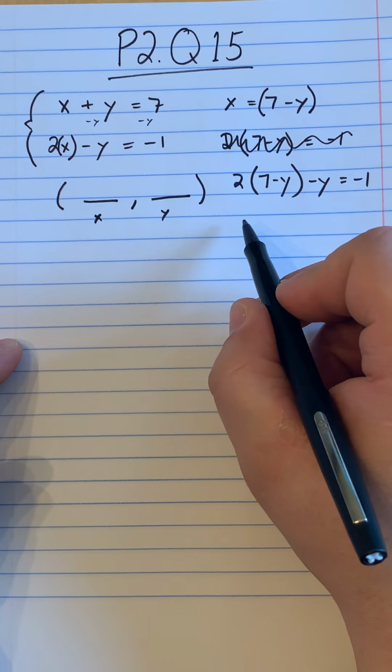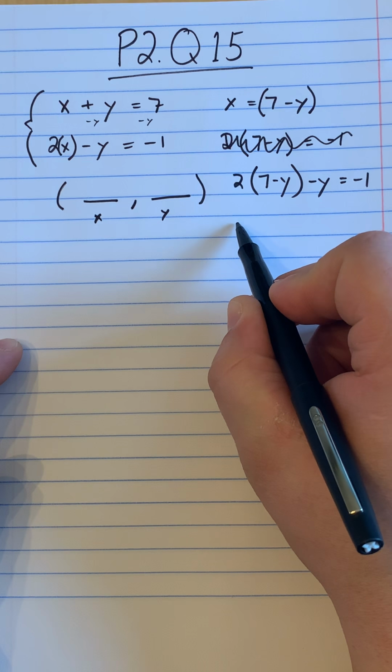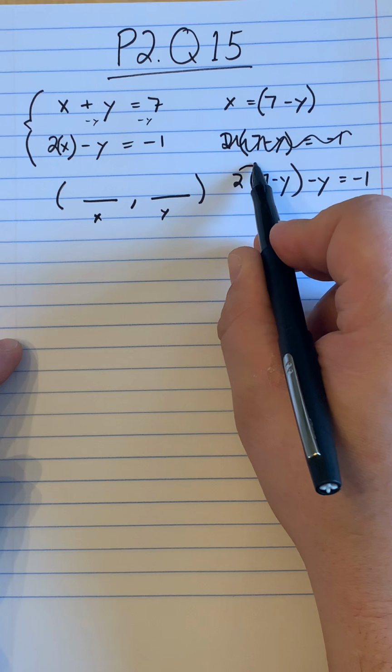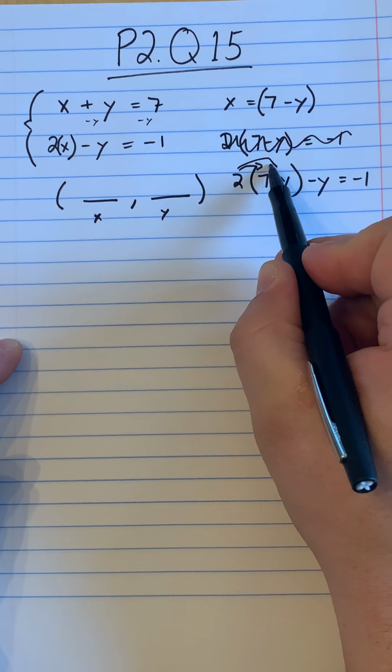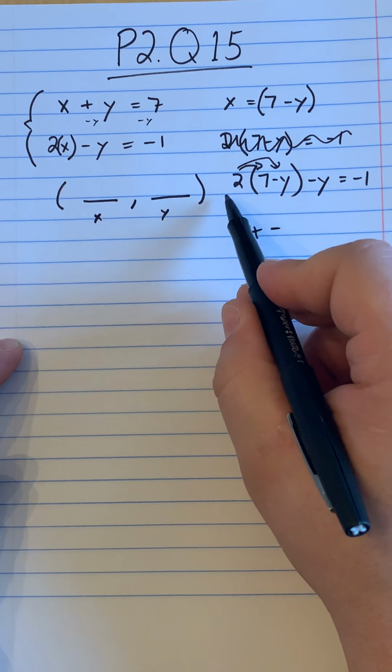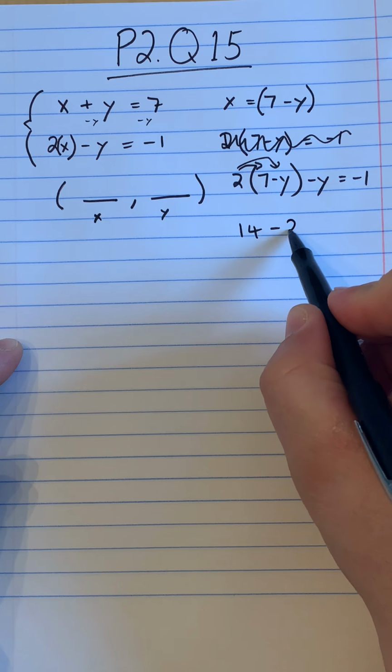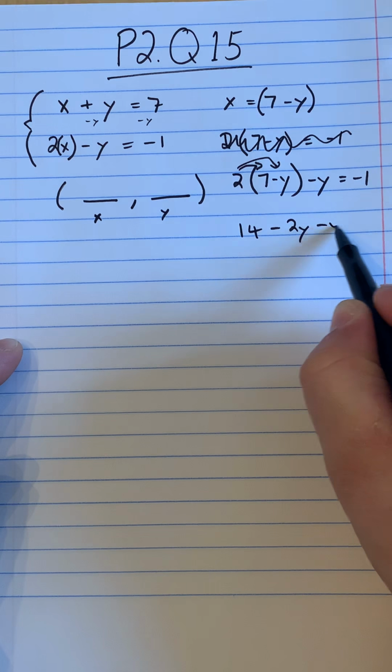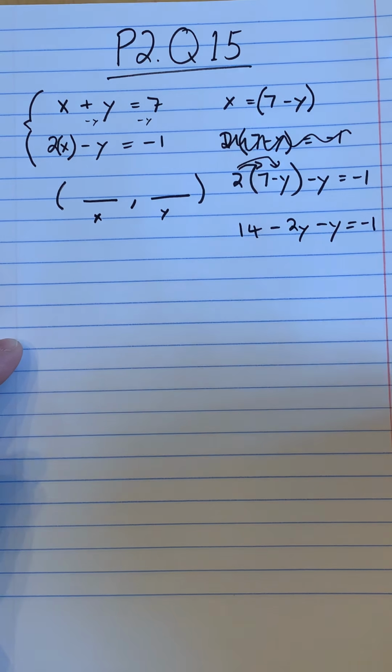First, I need to do the distributive property. Hopefully you haven't forgotten the distributive property. So 14 minus, so 2 times 7 and 2 times y, so 2y. And now we're still going to have minus y, and it's still going to equal negative 1.